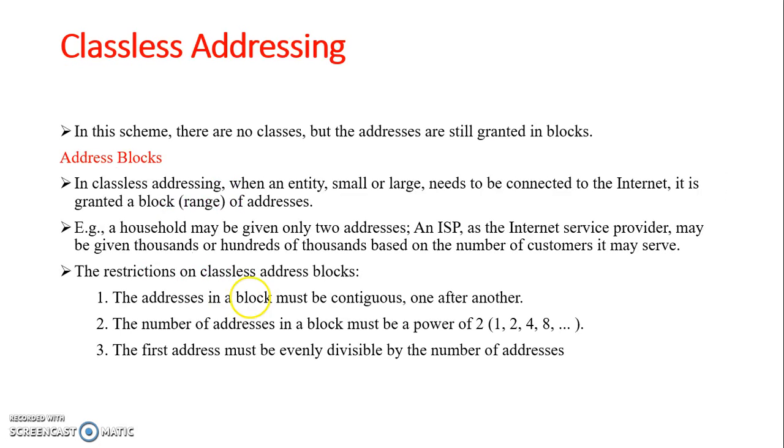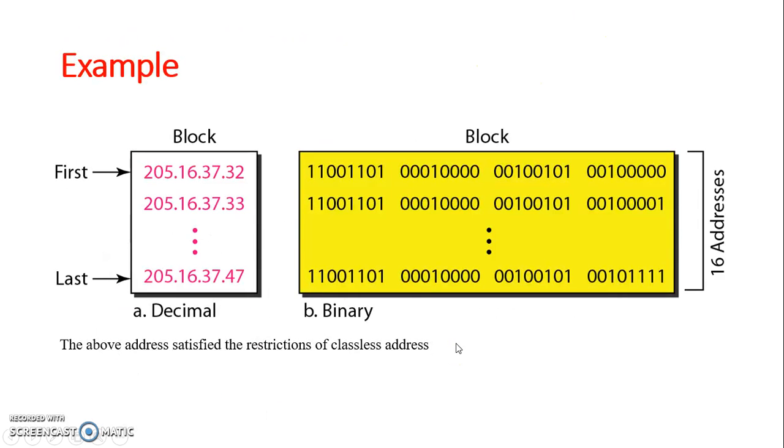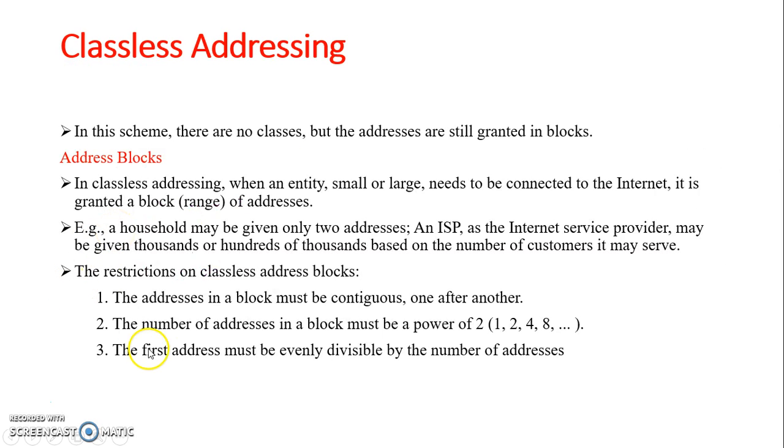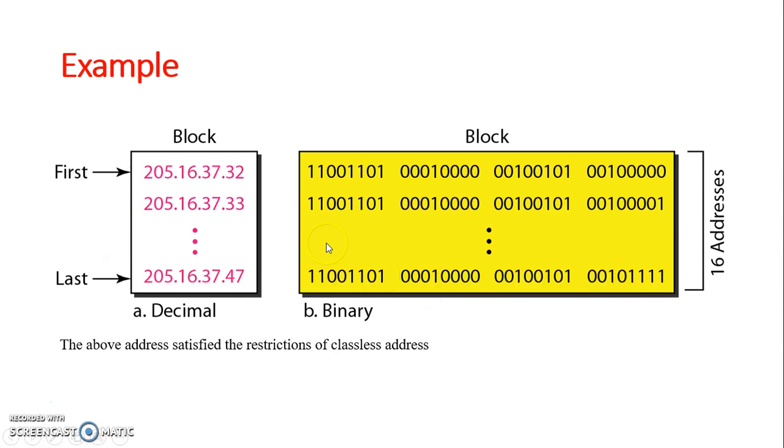The next restriction is that the number of addresses in the block must be a power of 2. When you count the number of addresses from this particular address to this particular address, the total is 16. Again, it is a power of 2, that is 2 power 4. And the third rule is that the first address must be evenly divisible by the number of addresses. When you divide this address by 16, it satisfies this property. That is, the first address is divisible by 16. So you can say this particular address block is a valid classless address block.